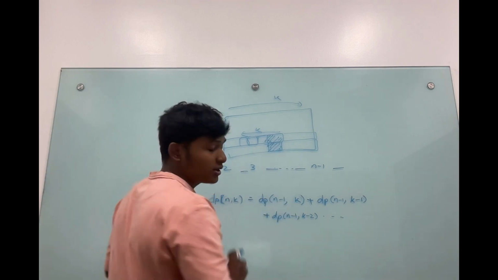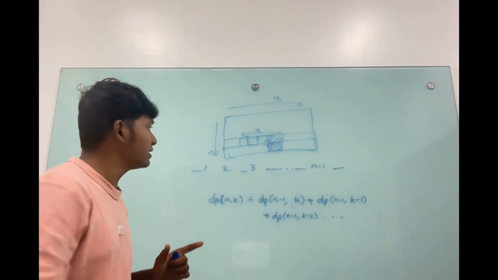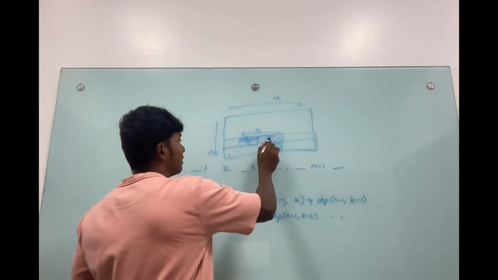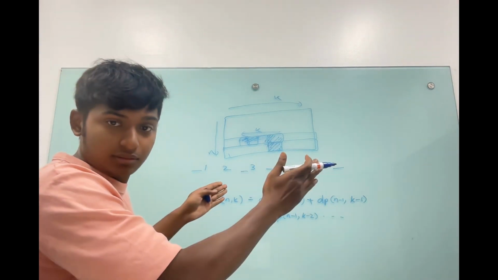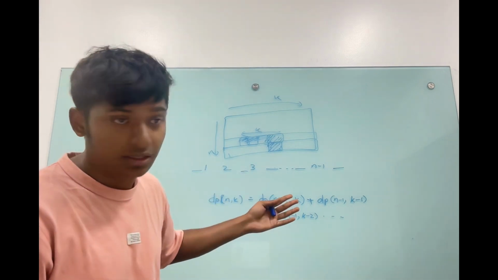If you look at this, one common thing you can see is that these things are contiguous, they are continuous values.